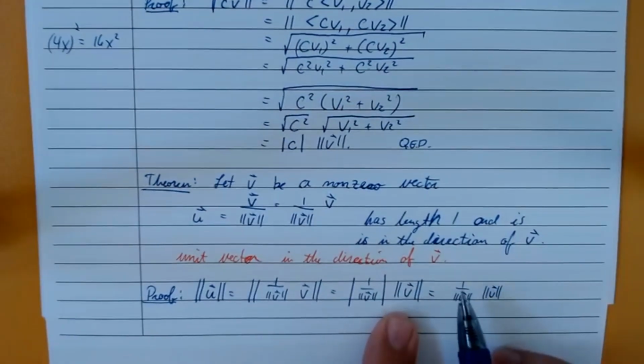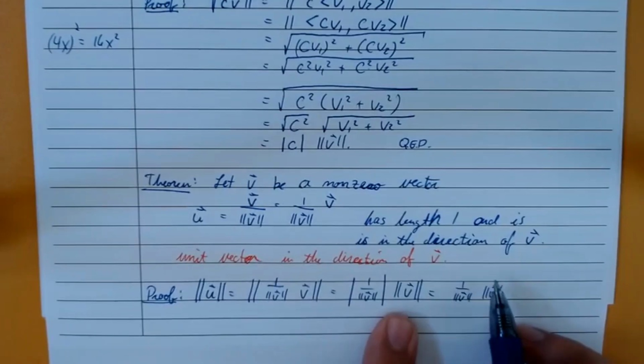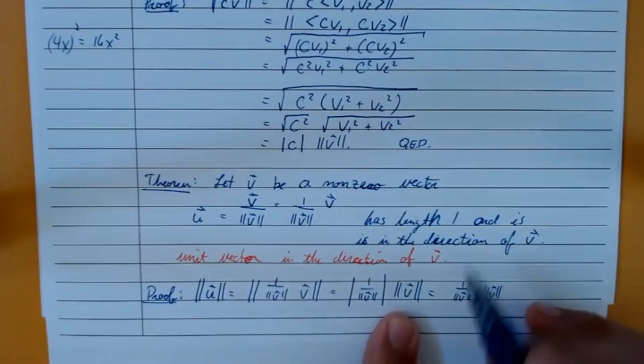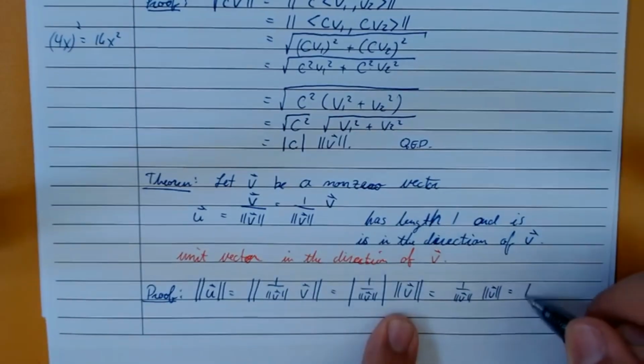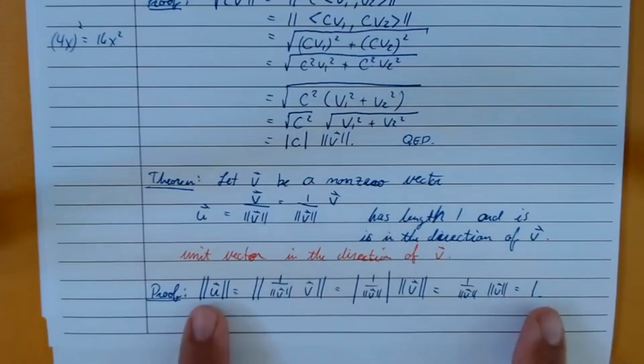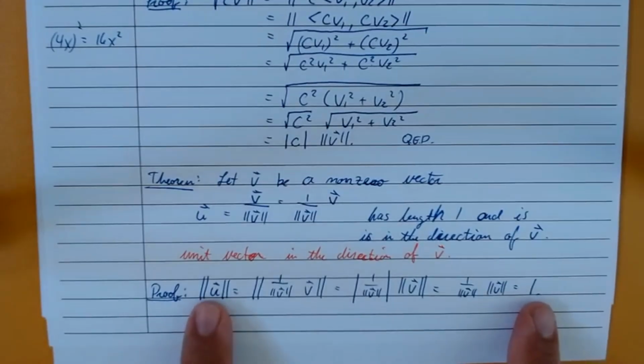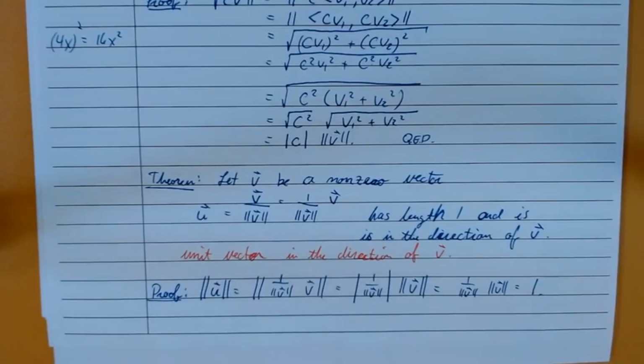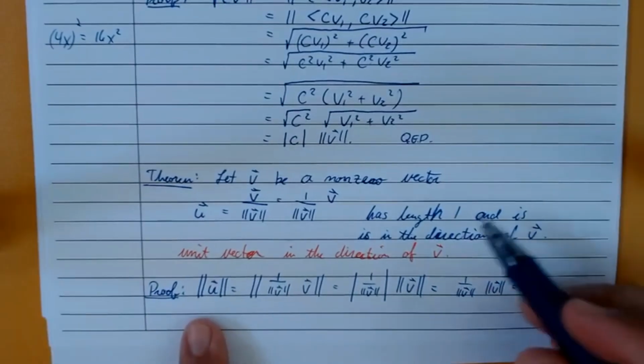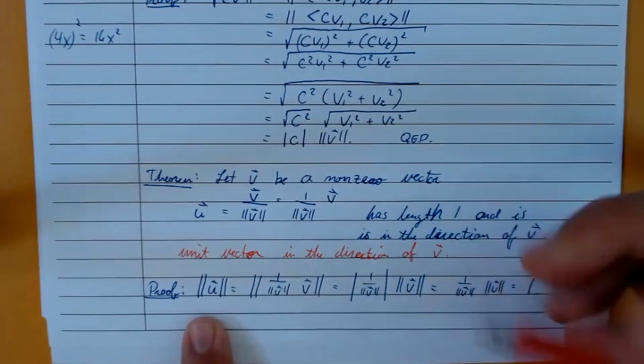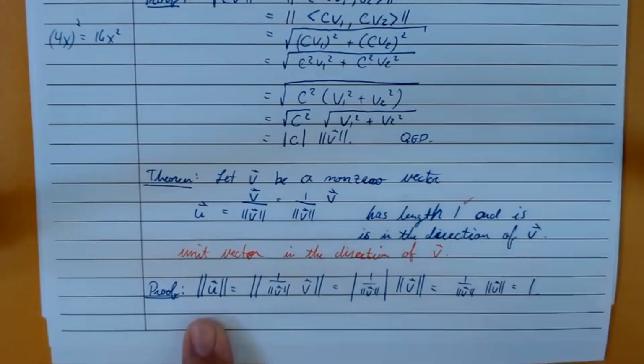Now this is just a regular number, and this is its reciprocal. And what happens when you multiply a regular number times its reciprocal? You get the number 1. So this shows that the magnitude of the vector U is equal to 1. That shows it has length 1. But what about the direction?